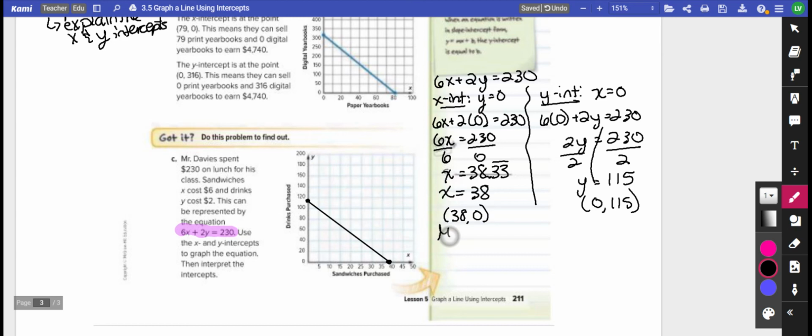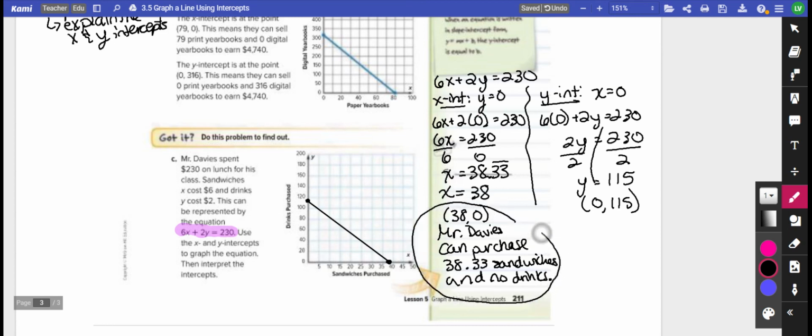So, Mr. Davies can purchase 38 and 33 hundredths sandwiches and no drinks. So that's for the x-intercept.